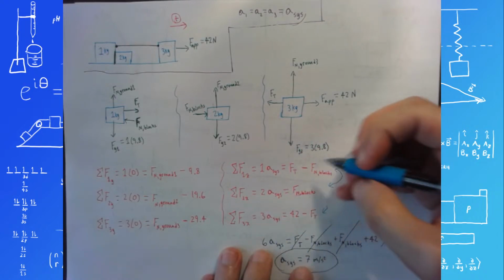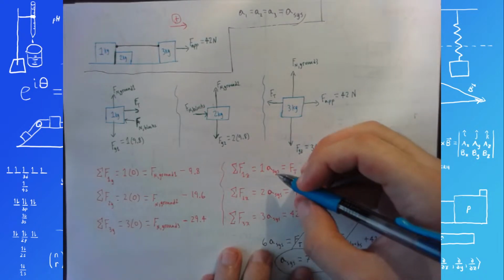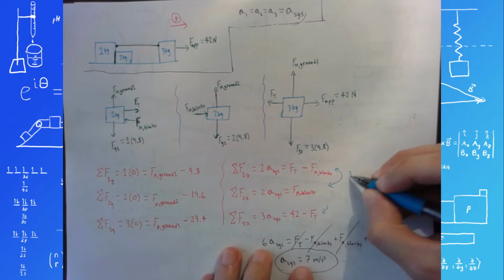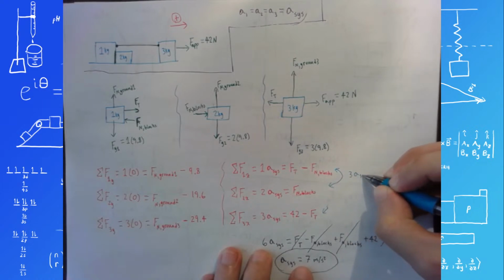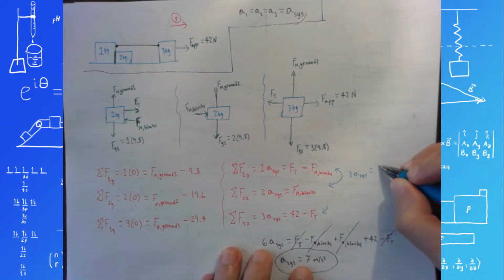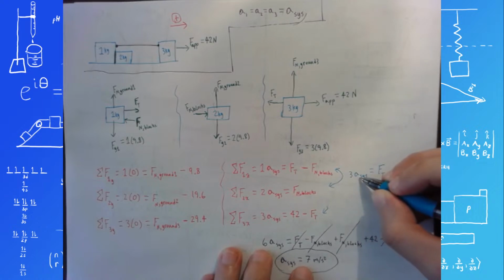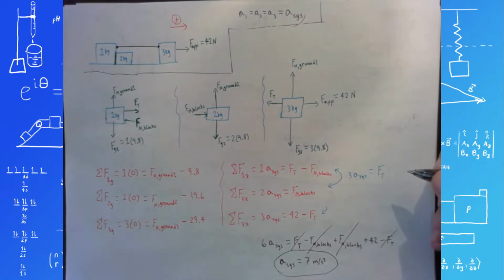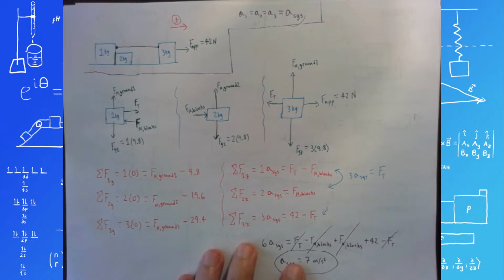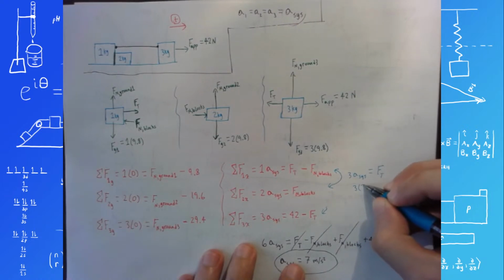If I add the first 2 equations, the normal force between the blocks cancels out. 1 plus 2 equals 3. A system equals the force of tension. Plug in 7. Force of tension is equal to 21 newtons.